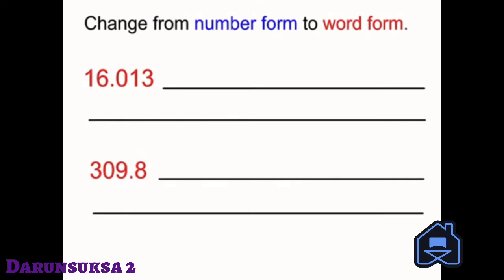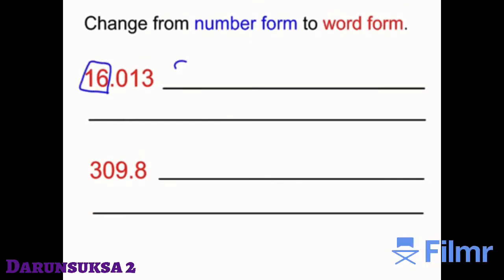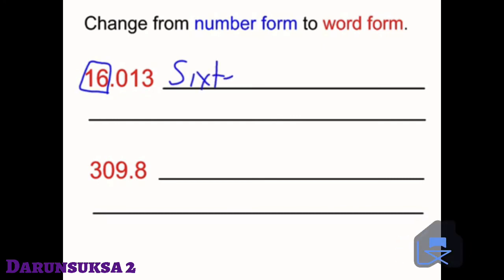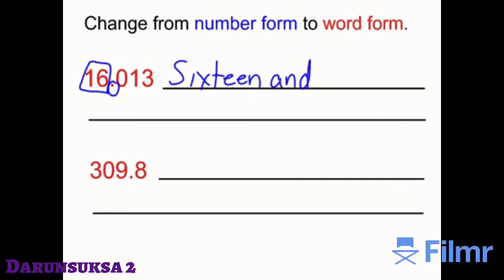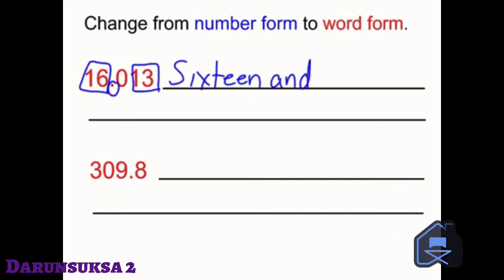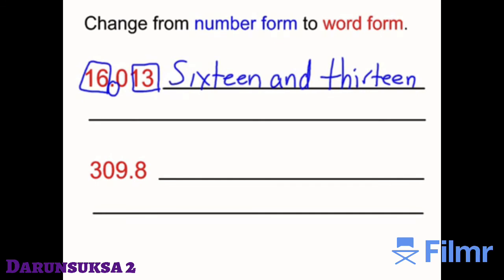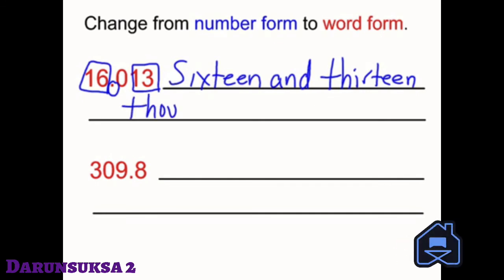All right, let's just do 2 of these. This is pretty easy. So let's look at our whole number first. So that would be 16 and 13. And where is that 3? That 3 is in the thousandths place, so it would be 16 and 13 thousandths.